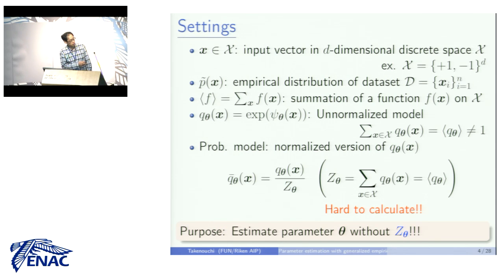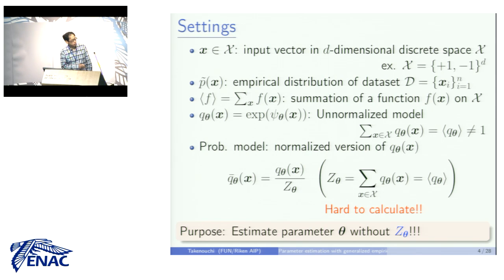So this is not a probability function, so the summation of Q is not equal to 1 in general. And the probabilistic model is written like this, Q bar theta. So this is normalized by Z of theta, the normalization constant.